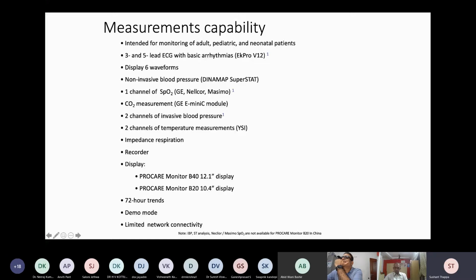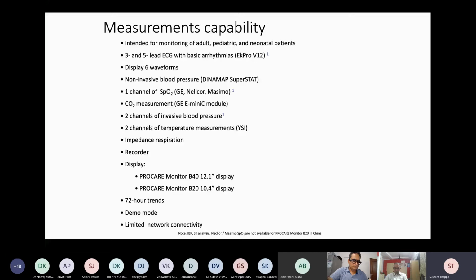Impedance respiration is something which is derived through ECG leads. Again, as the monitor display size increases from, let's say, 12.4 to 15 to 21 inches, whatever it is, your capability to display waveforms also increases. And it is true for any system. With a smaller iPad and a bigger iPad, you will be able to see much more data and information on larger screens.